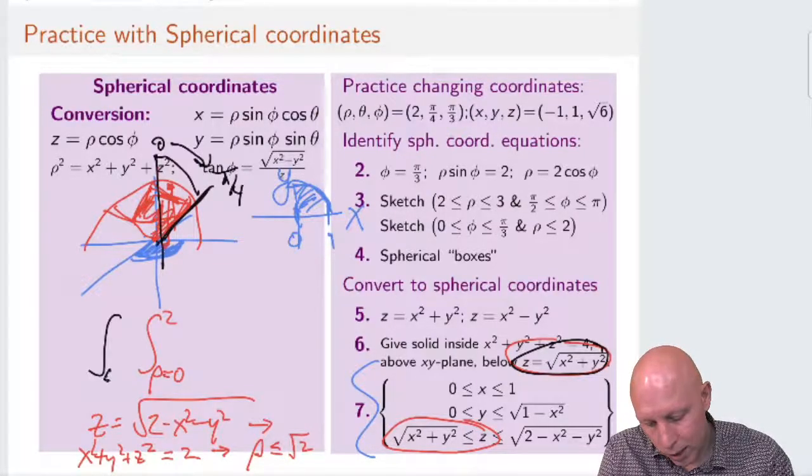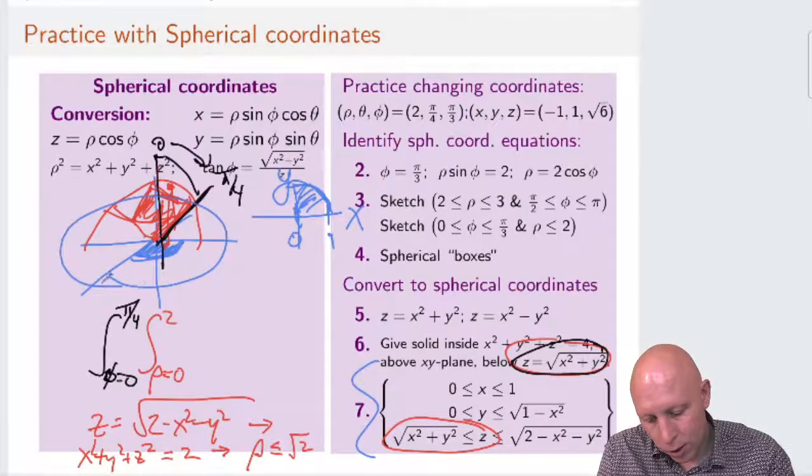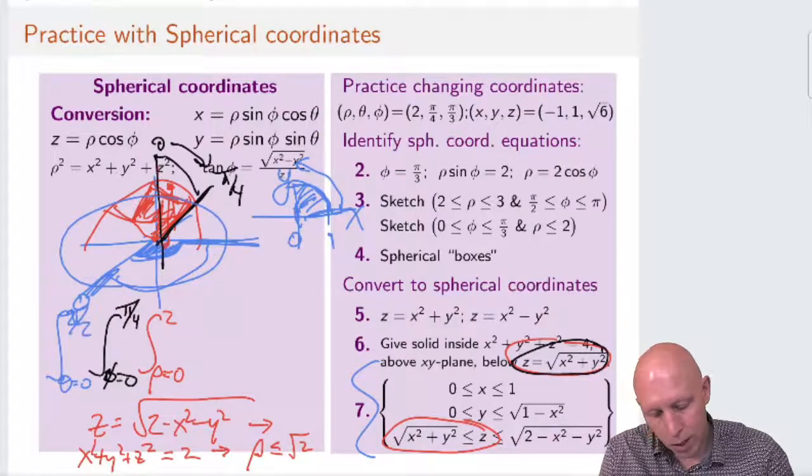So phi goes from 0 to pi over 4. And now theta is a little bit different because it's not the full circle. It's only starting at 0 and going up to the y-axis, which is pi over 2. So theta goes from 0 to pi over 2.